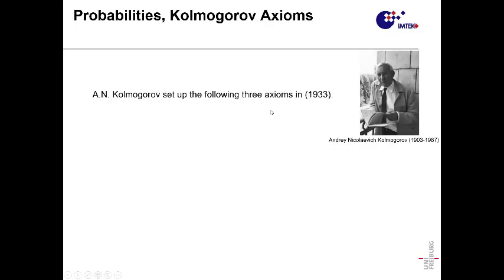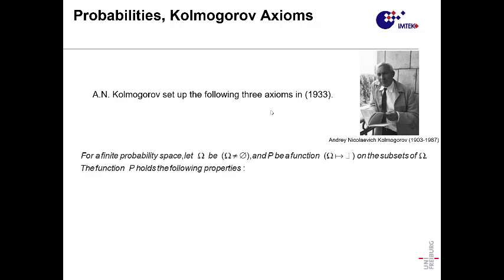So last time we defined a few rules of sets, right? Intersection, union, and so forth. And now comes Kolmogorov with three important axioms that strongly impact probability. That was not so long ago, around 1900.